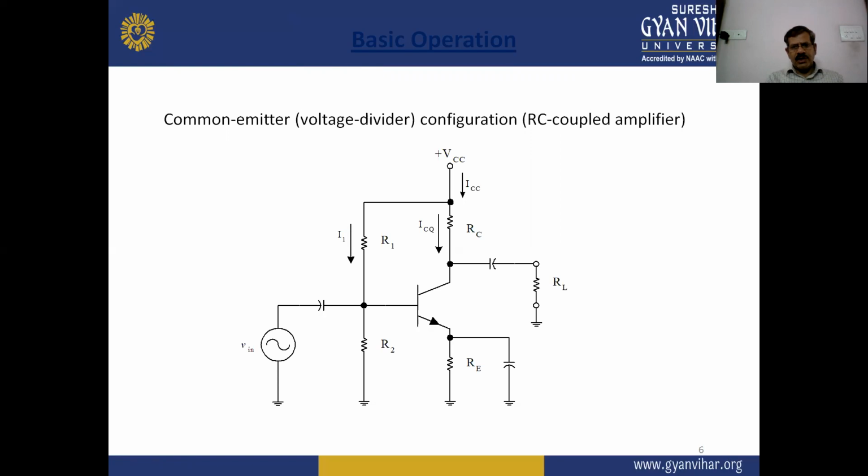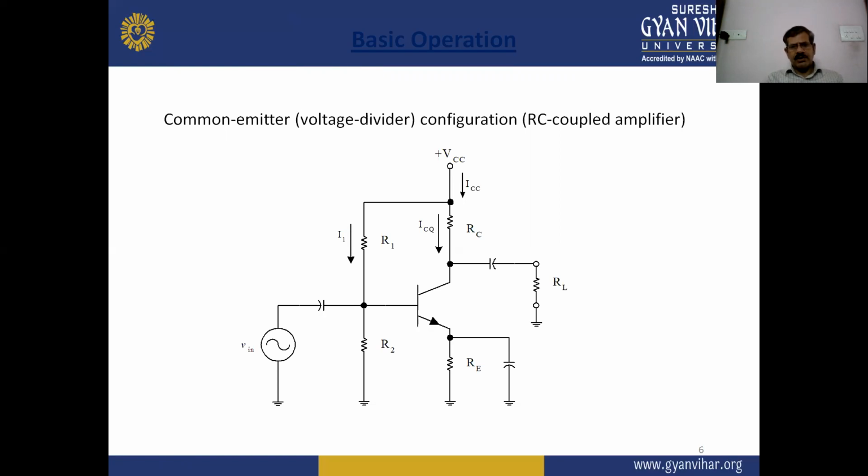There is also a resistance RE across the emitter terminal, and a capacitor across this emitter terminal used as a bypass capacitor. To prevent feedback, we use the bypass capacitor here.